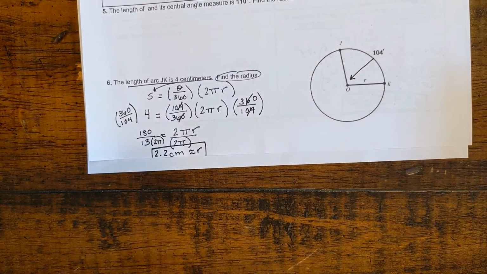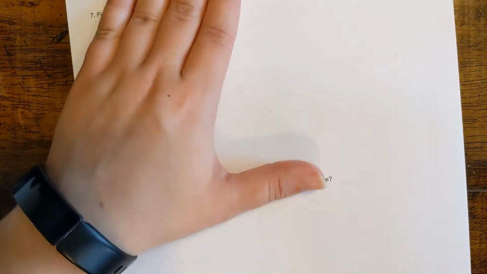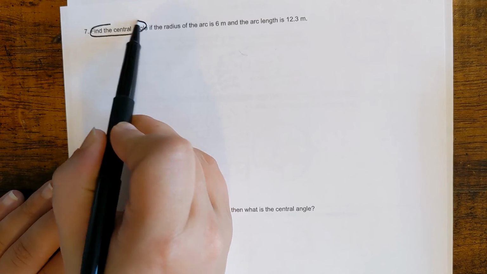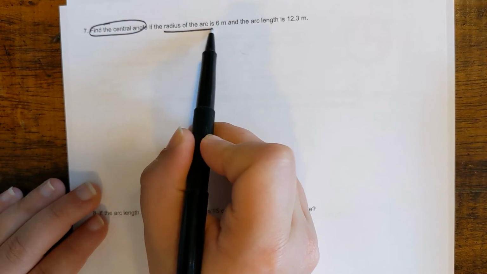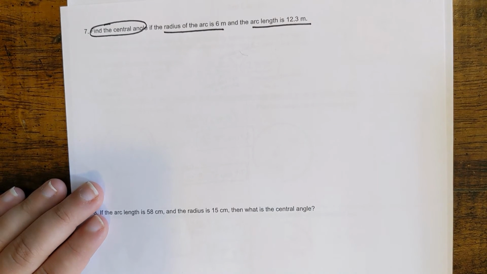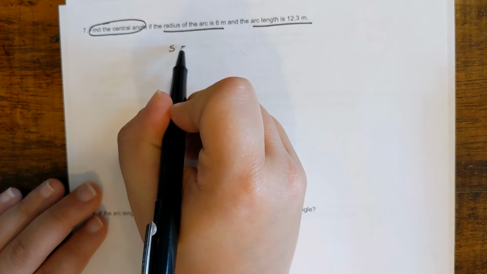Let's do another one. So another example, number 7 in your notes, says, find the central angle if the radius of the arc is 6 meters and the arc length is 12.3 meters. So again, I will write the formula.